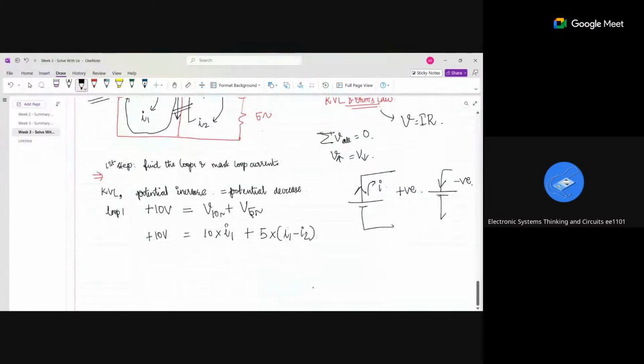Is it clear how you are writing this equation? So 10 is equal to 15 I1 minus 5 I2. This is my equation number 1. Now, you tell me the equation for loop 2.